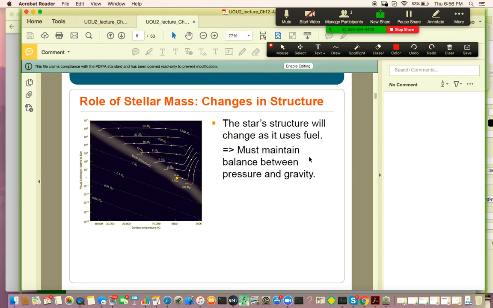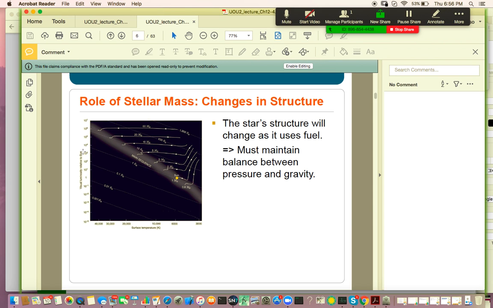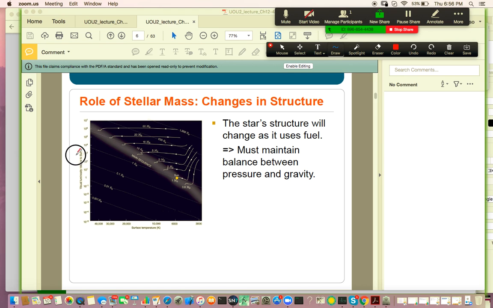Now, what is being shown here is what we learned also in previous chapters, the so-called Hertzsprung-Russell diagram, which relates for a given star its total energy produced, or luminosity, and the surface temperature.